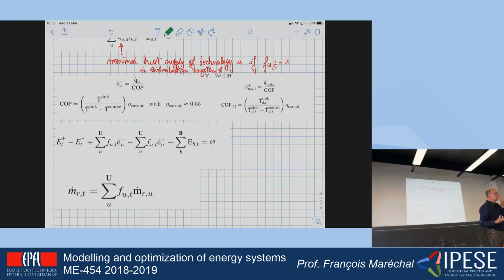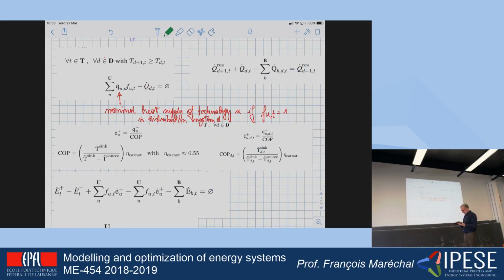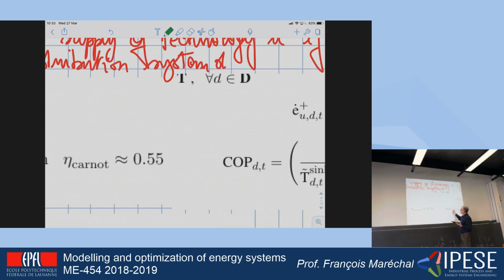That should normally be the way you model the heat pump, and it will be summarized or simplified by having this value here, the COP equal to the efficiency with respect to the Carnot COP, which is 55%. Okay? So for the moment, it's just a trick that allows me to solve the problem in a very fast way.